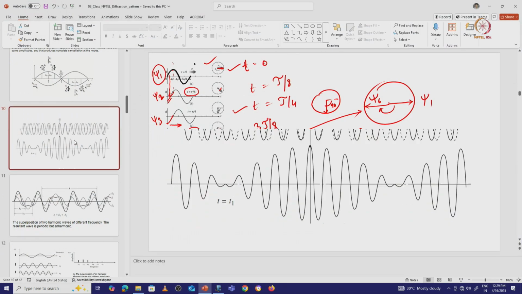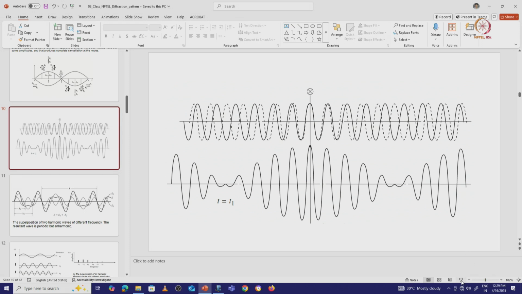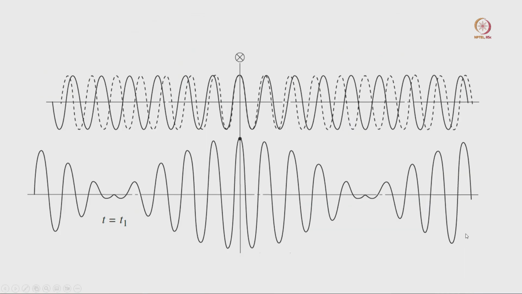So let us go here. As I mentioned, there are two waves. One is this wave, you can see it is going in a uniform way. The next wave is this dotted line or black line, so this is the second wave.